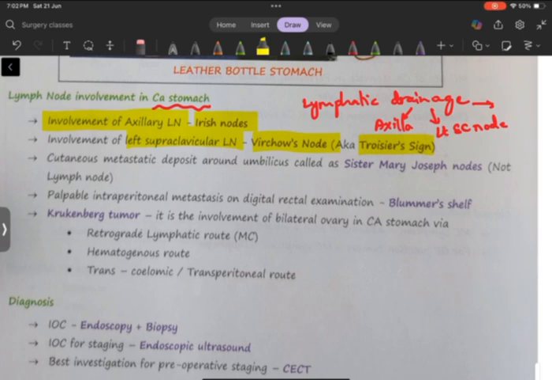So this is a sign by which you can diagnose CA stomach also. If you see this Virchow's node or Troisier's sign, this is a sign for CA stomach. So you can proceed in the direction of CA stomach. Okay. So cutaneous metastatic deposits around the umbilicus are called Sister Mary Joseph nodes.